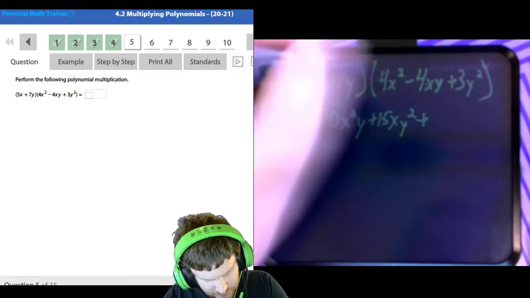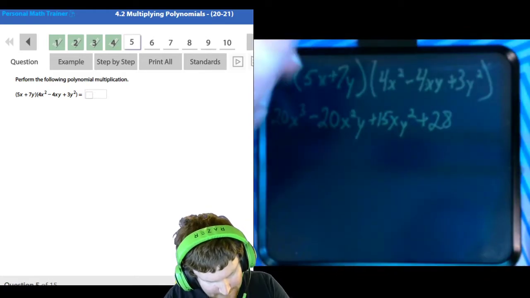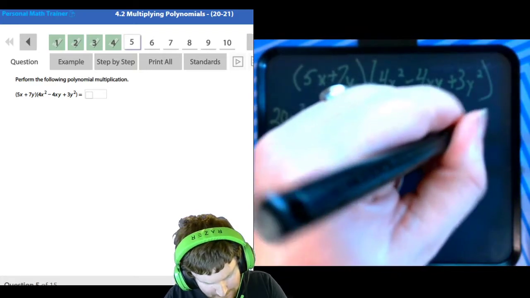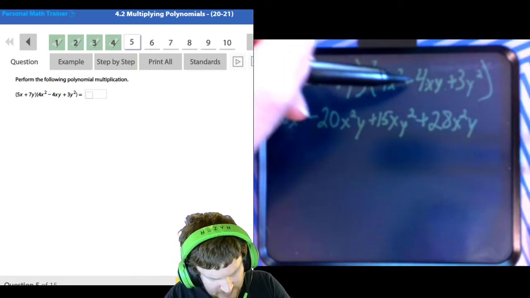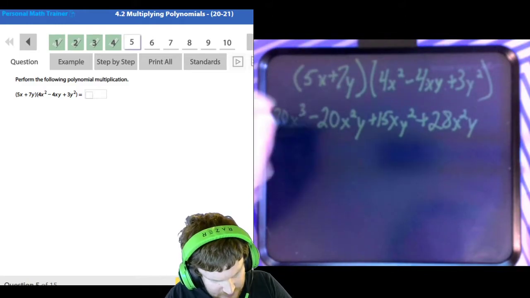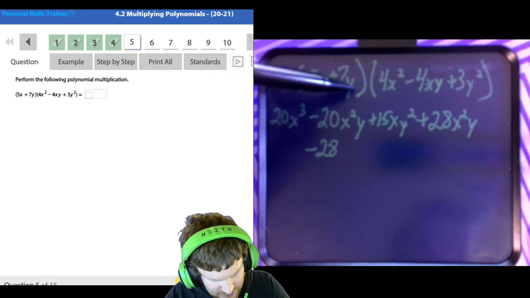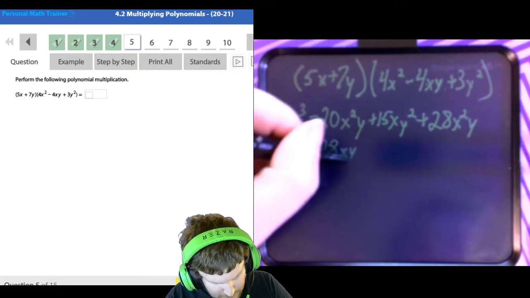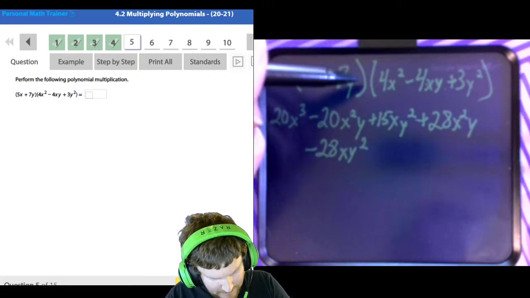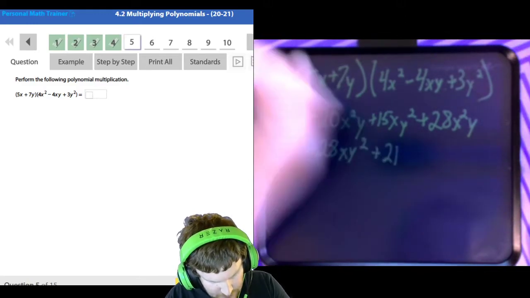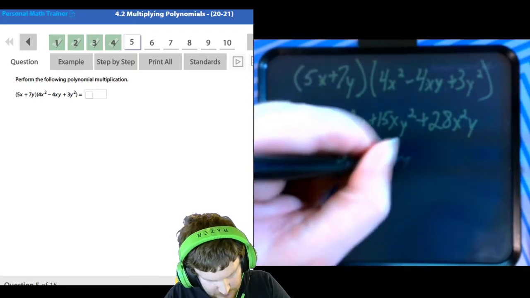7 times 4 is 28, x squared y. Negative 4 times 7 is negative 28, xy squared. 7 times 3 is 21, y cubed.